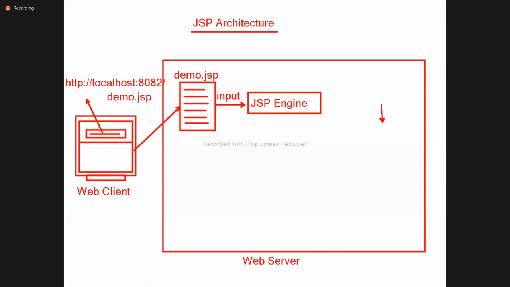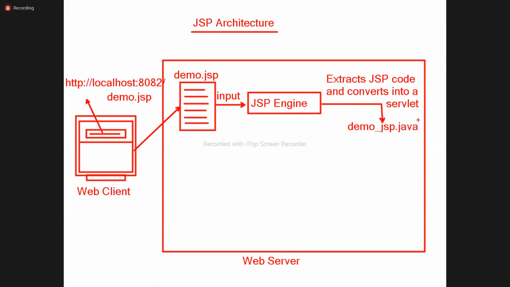It extracts the JSP code and converts it into a Servlet because it knows only JSP. So if the file name is demo.jsp, then the generated file name will be demo_jsp.java.